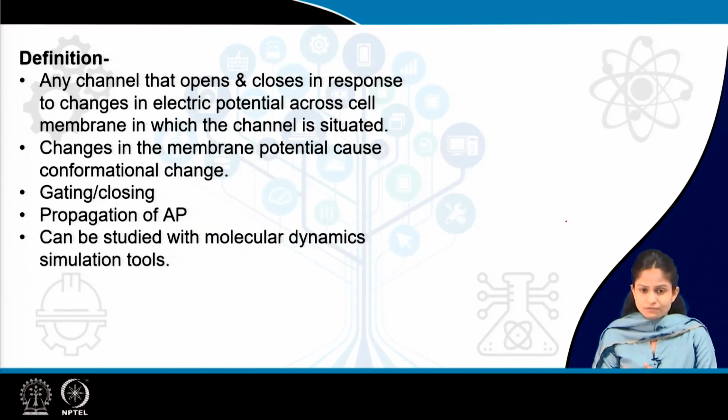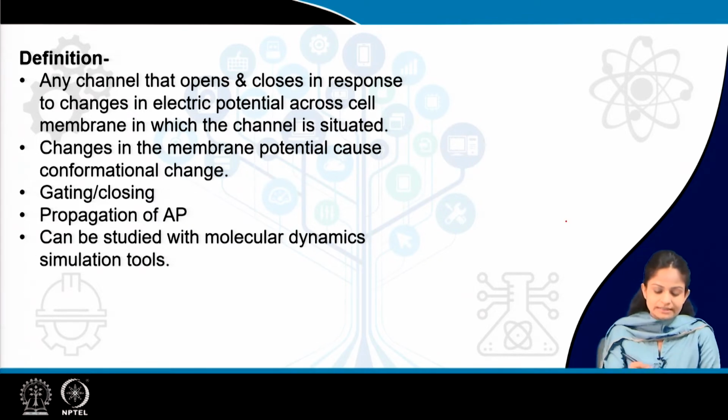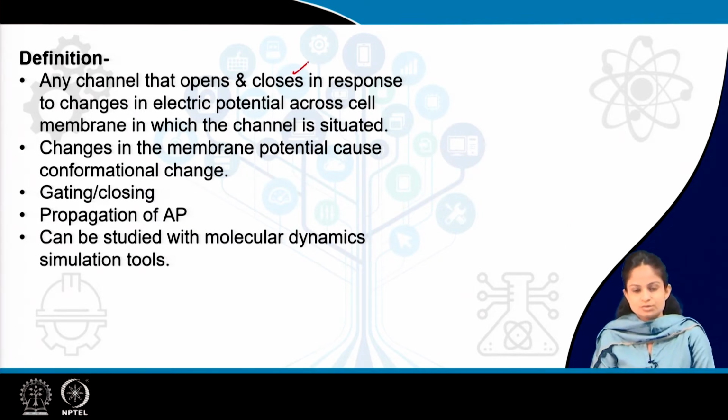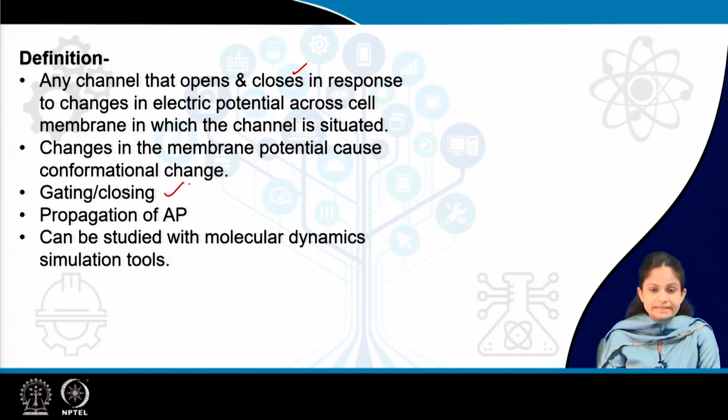So, by definition, voltage gated channel is a channel that opens and closes in response to the changes in the electric membrane potential across the cell membrane in which it is situated, since it is a transmembrane protein. Now, there will be changes in the membrane potential that cause the conformational change, and there will be opening and closing of the gates, and there will be propagation of the action potential.